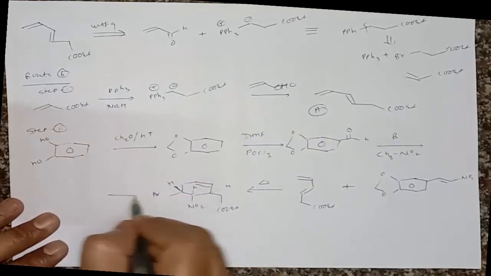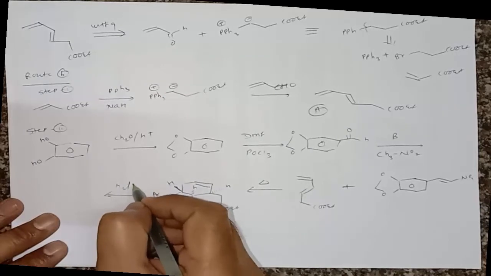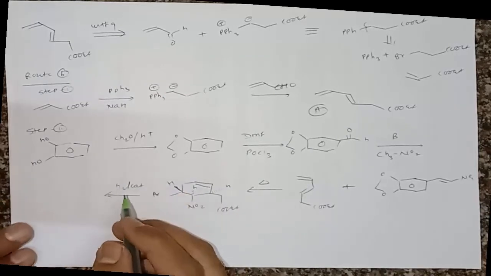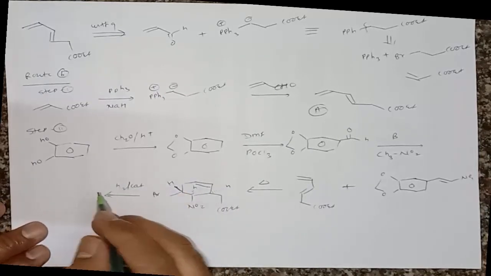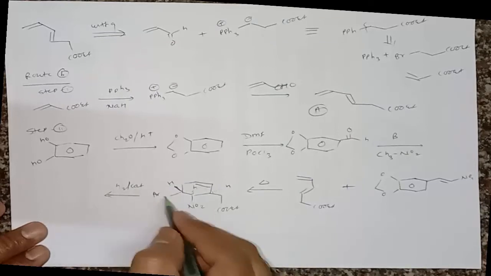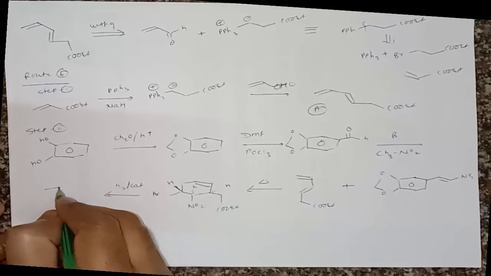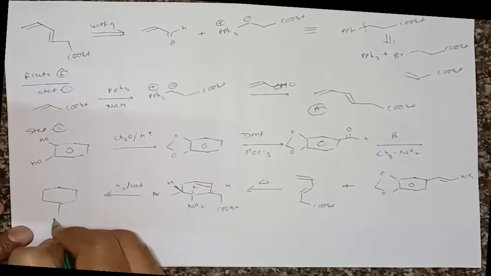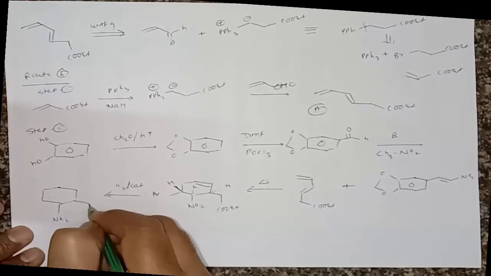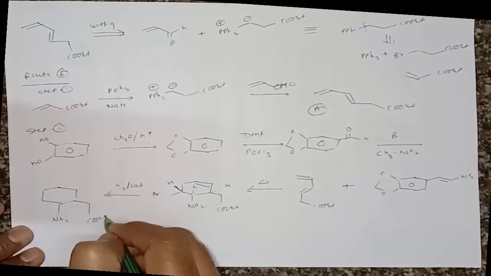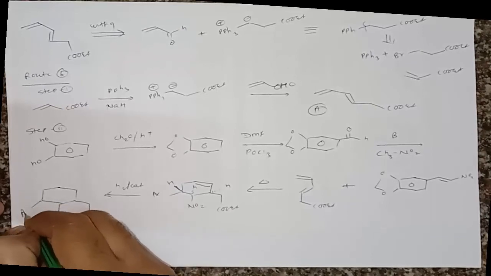And further, if we reduce in presence of H2 catalyst, after reduction with this H2 catalyst, this double bond and NO2 group will be reduced, and it gives formation of a compound like this, that is NH2 CH2 COOEt, and here is the Ar group.